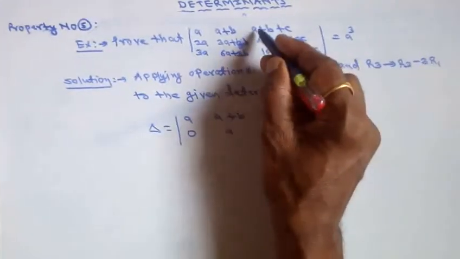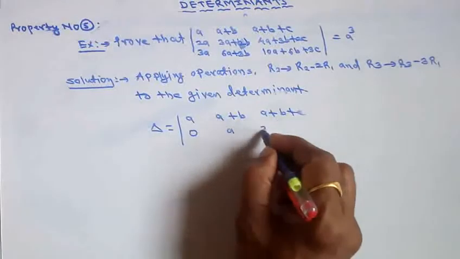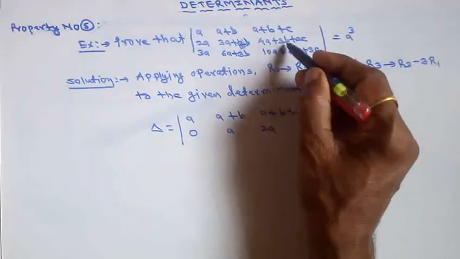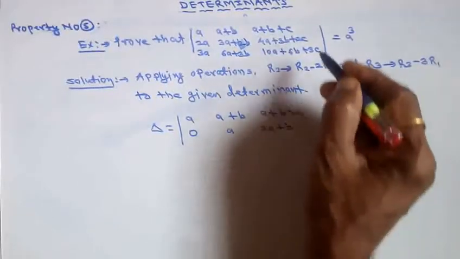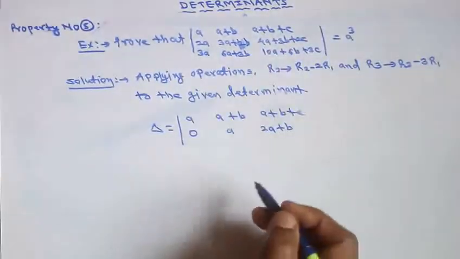Then 4a minus 2a is 2a, 3b minus 2b is b, and 2c minus 2c becomes 0.